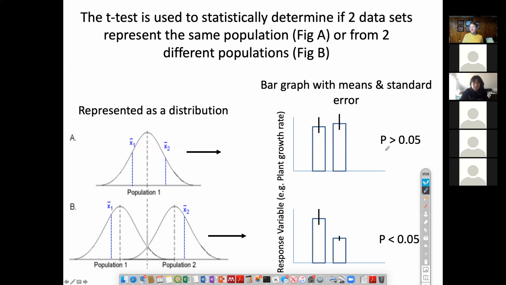That means, in layman's terms, this is the probability that these are actually the same population, but I think they're different. Okay. So it's a 5% chance that they are from the same population? A 5% chance that they are from different populations.